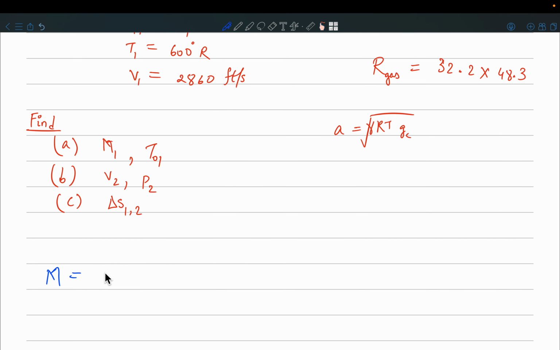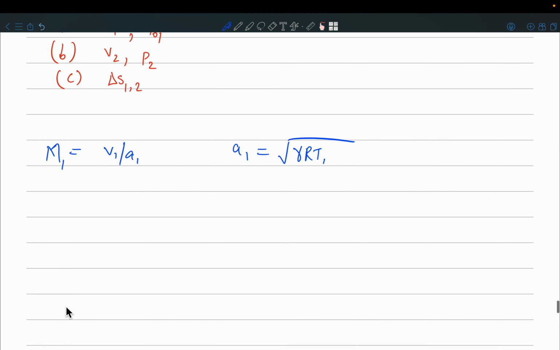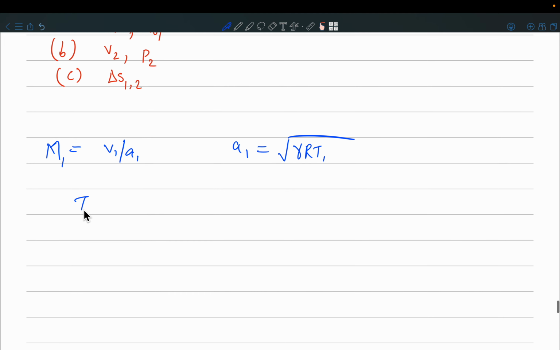So Mach number will be M is equal to V1 by A1. A1 is equal to under root gamma R T1, right? T1 is known, so you can find A1, and V1 is known, so you can find M1. Fine. Then you will have to find T01.